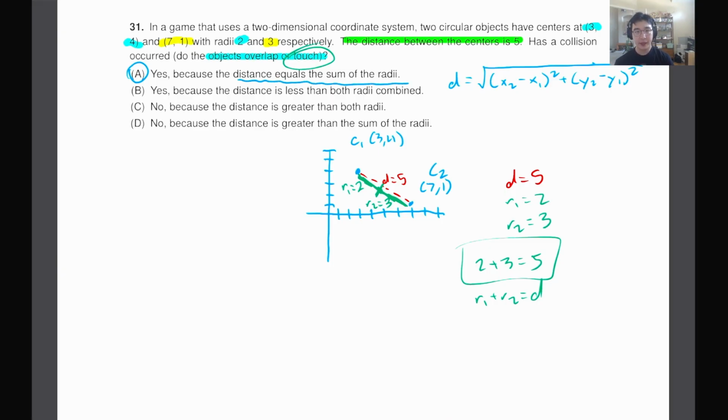You can also reason about it this way. A circle is perfectly circular. It's round all the way around. So if I was to draw the circle, again, this is not drawn to scale. I have to draw circle 2.